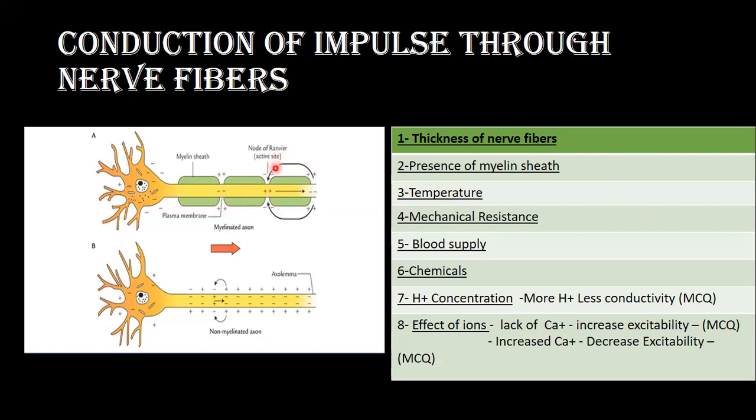So from the node of Ranvier only the impulse is transmitted. We can say that the action potential jumps from one node to the next node and so on.